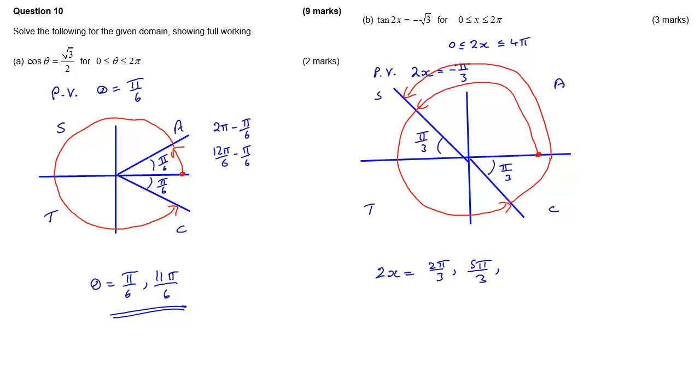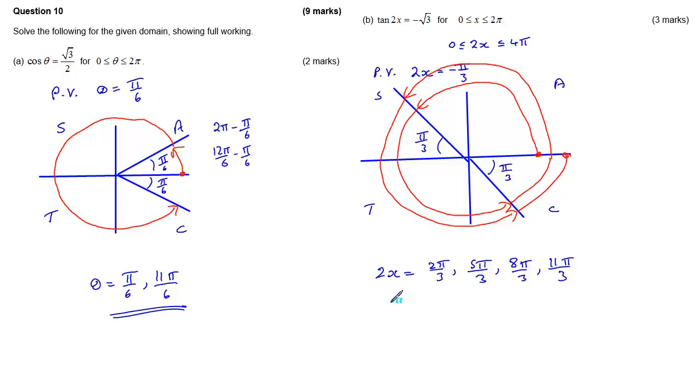So coming round to here, that's another pi onto this one, so that's going to be 8 pi by 3. And then we'll keep going, and that's another pi, so that one's 11 pi by 3. And then we get to 4 pi, so we stop.